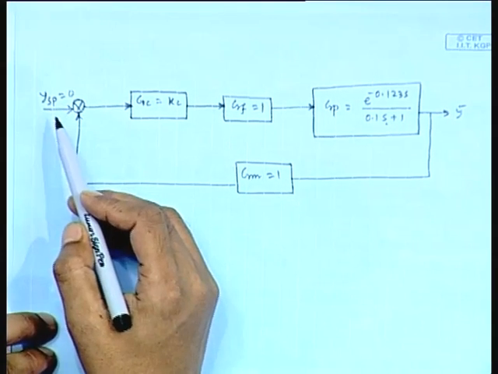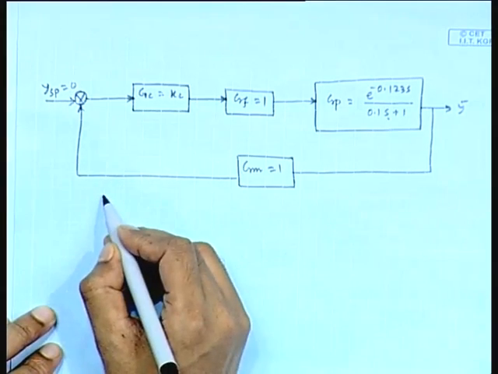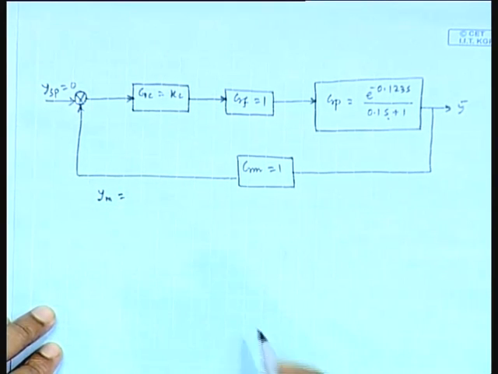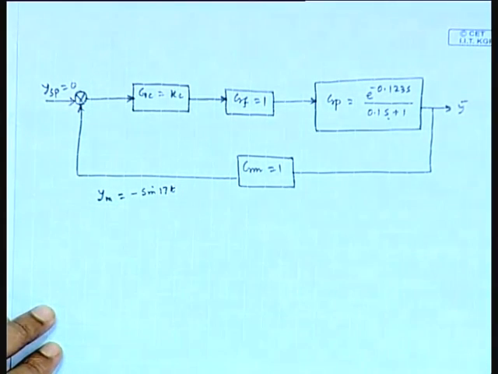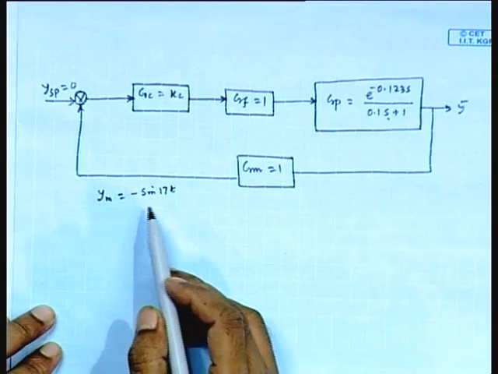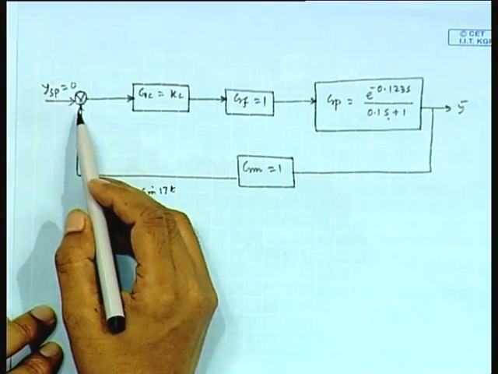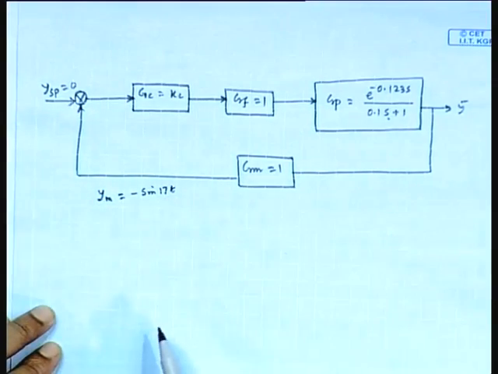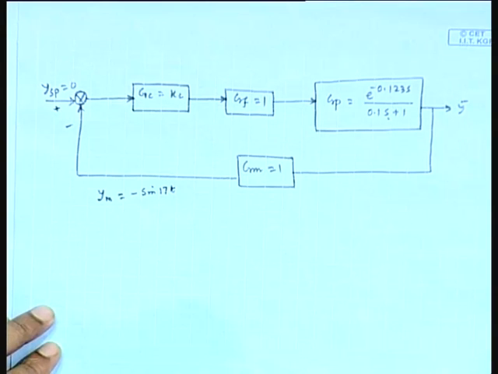Here we are considering no set point change and we are closing this. In the previous block diagram the output was minus sin 17t, and we are suddenly closing it, and at the same time we are not introducing any change in set point. So, this is negative, this is positive. So, how much will be error now?